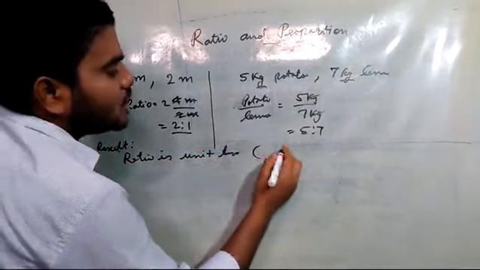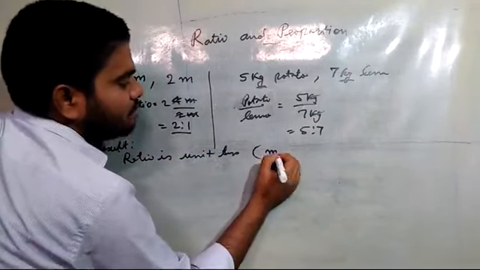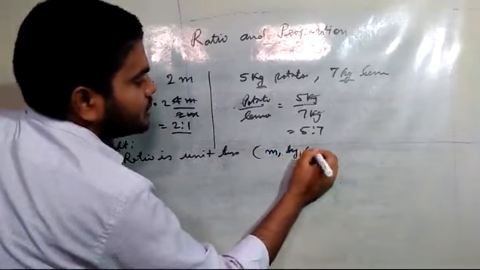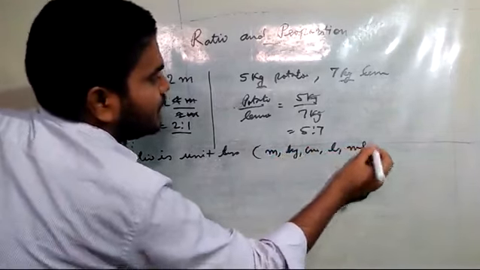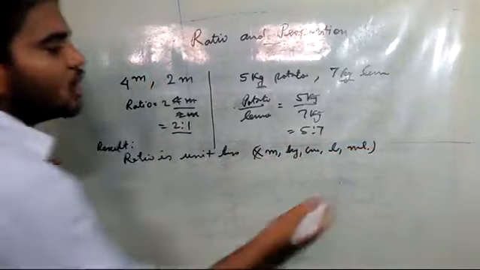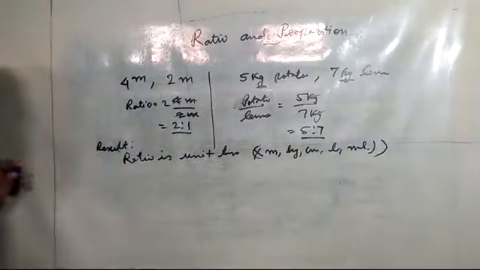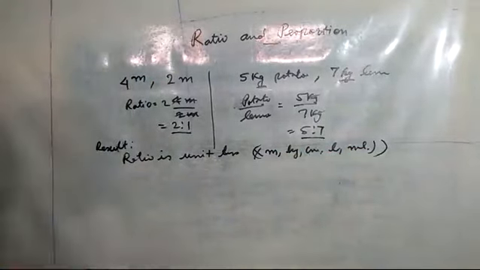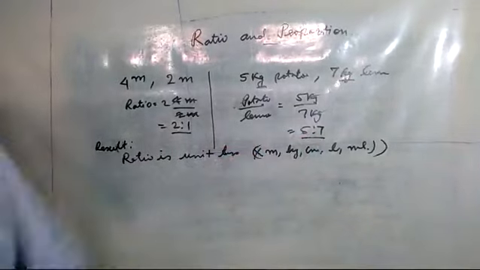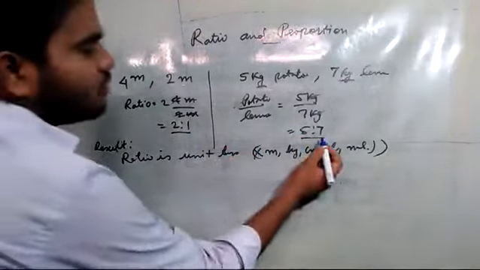That means it does not have any unit like meter, kilometer, centimeter, liter, milliliter. All these units will not be present. It is just a comparison of two similar quantities which will give you only two numbers.